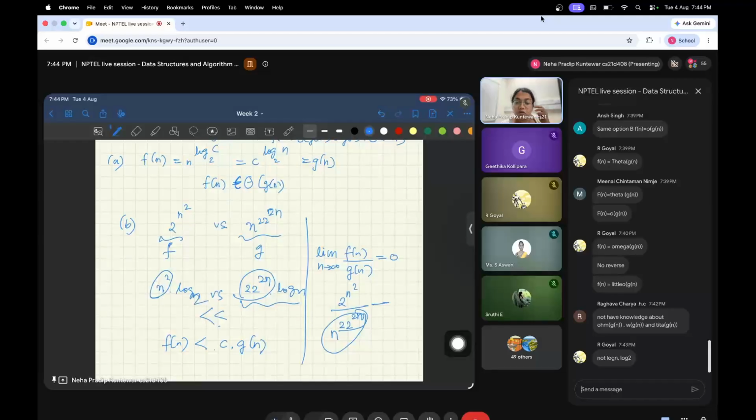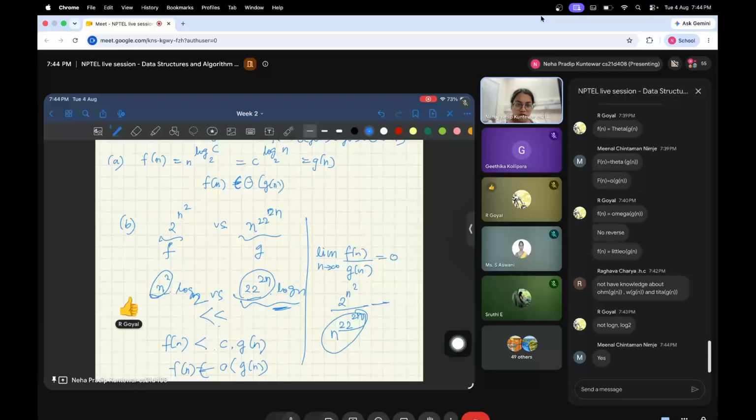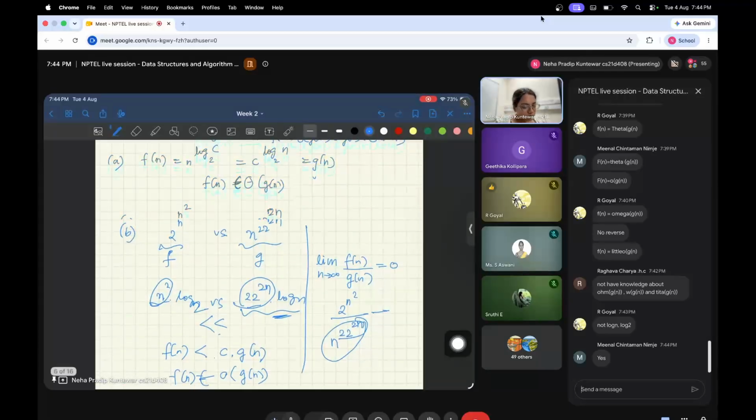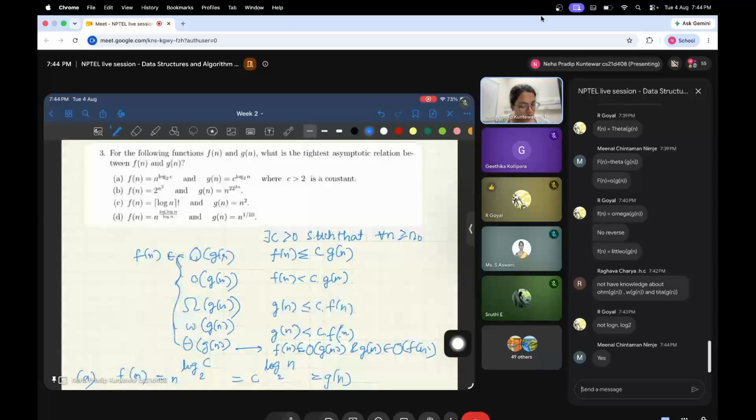Yeah, this is log 2, sorry. Then you're comparing n square versus an exponential term, so this is still much larger. So you have f of n is little o of g of n. Does that make sense? Why this is not the big O, but rather little o? Okay, good. So what about C?